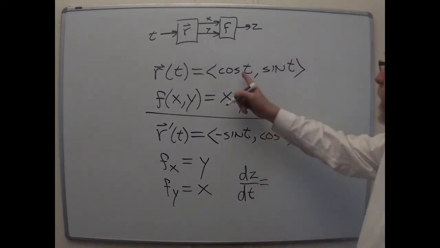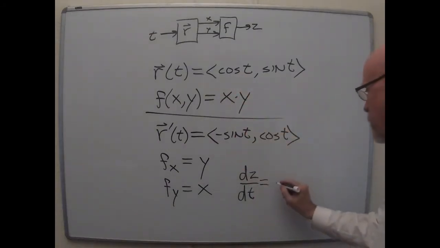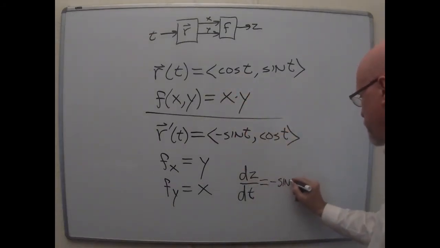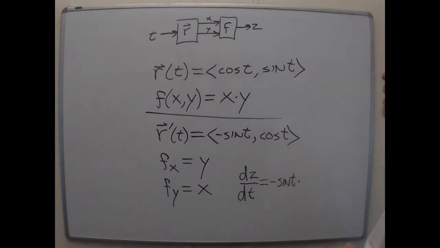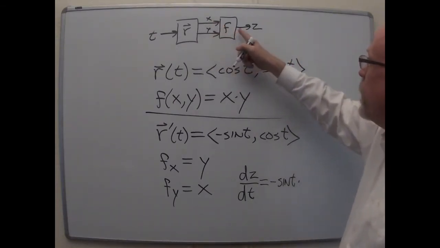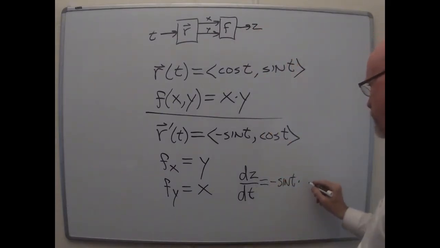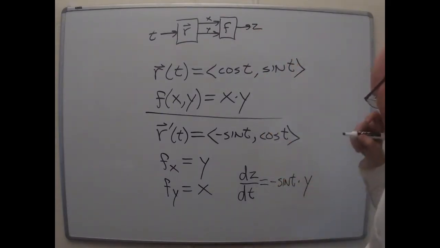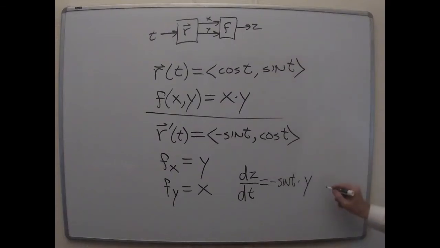The derivative of the x-coordinate of r, which is minus sine t, times the x partial of f. Cool.